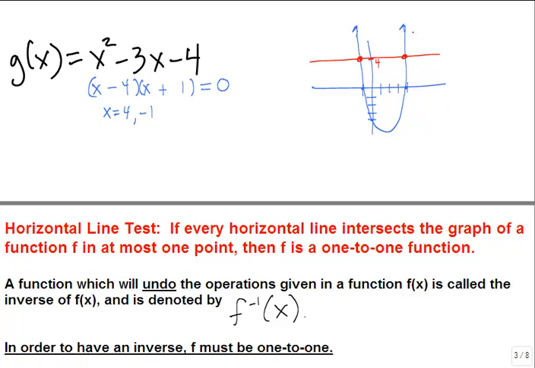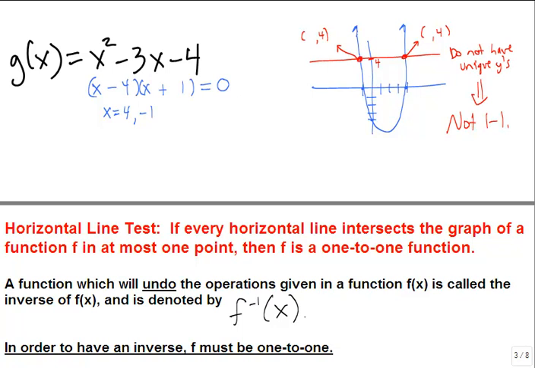What we would know is that this point right here has a y value of 4. And this point over here also has a y value of 4. Now they have different x's, but they share the same y. So these would be an example of 2 points that do not have unique y's, which means it is not a one-to-one function.